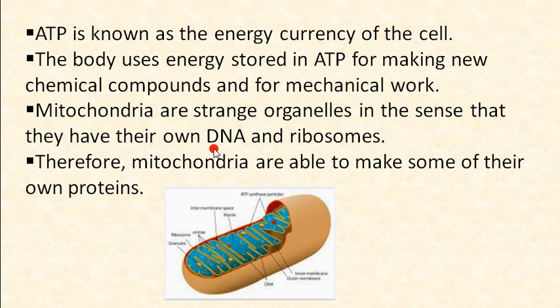Every cell has its own DNA. Normally the DNA is present in our nucleus, but mitochondria also have their own DNA. That's why they are strange organelles, in the sense that they have their own DNA, and ribosomes are also there. Therefore mitochondria are able to make some of their own protein also.